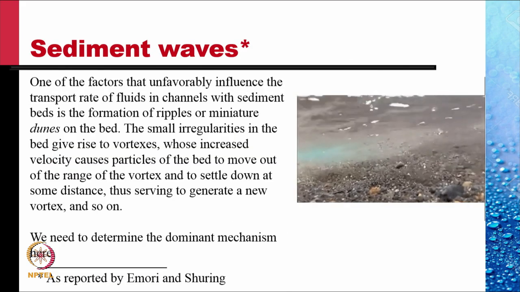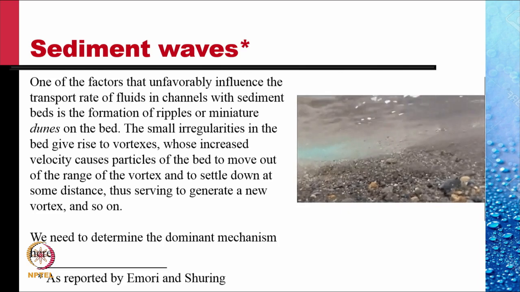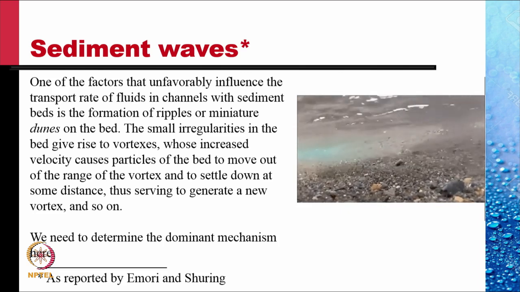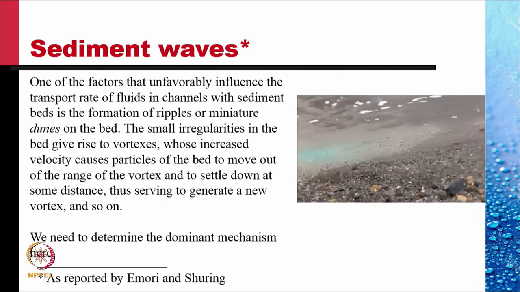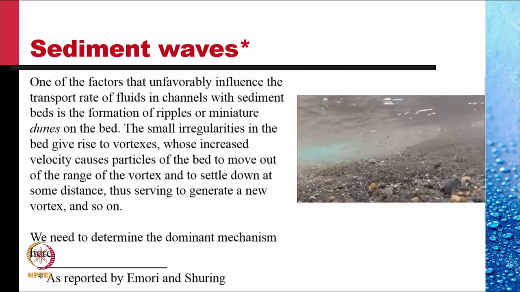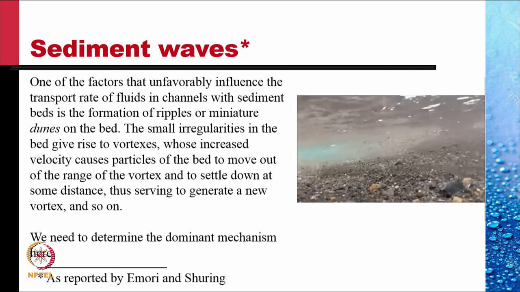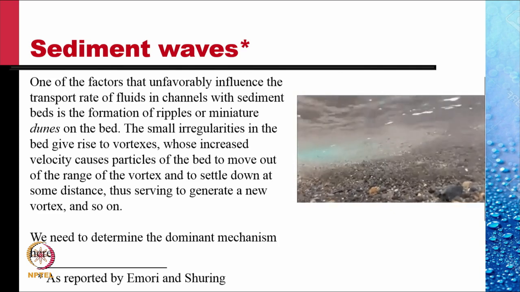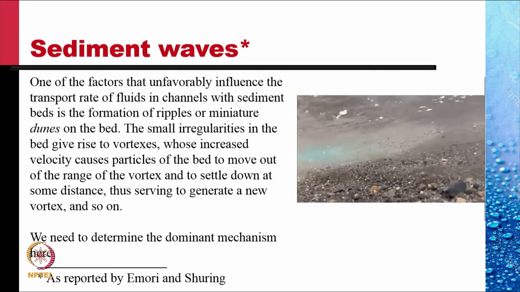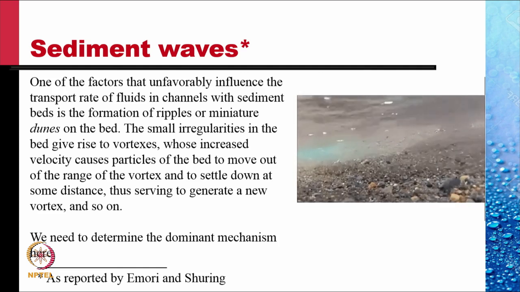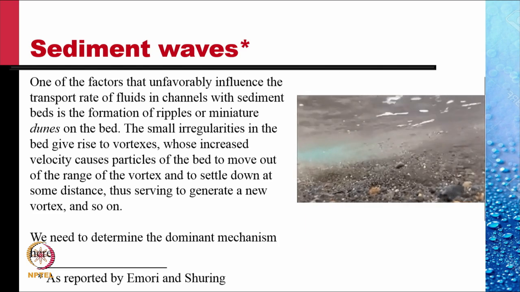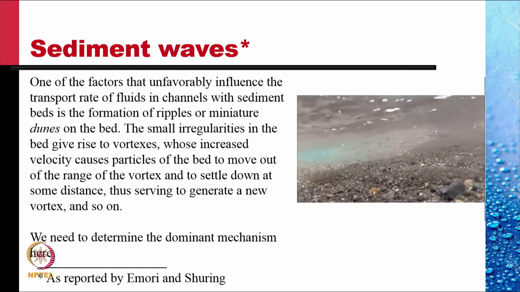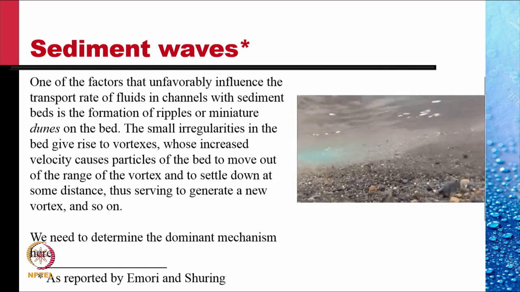One more example. One of the factors that unfavorably influence the transport rate of fluids in channels with sediment beds is the formation of ripples or miniature dunes on the bed. This GIF shows the motion of the granules on the bed of a beach with waves.